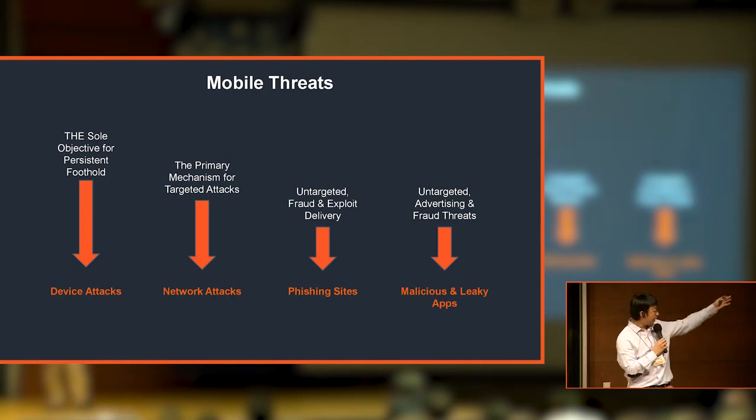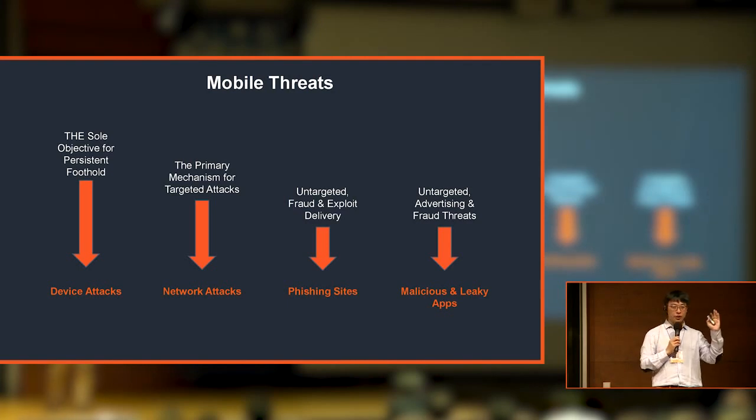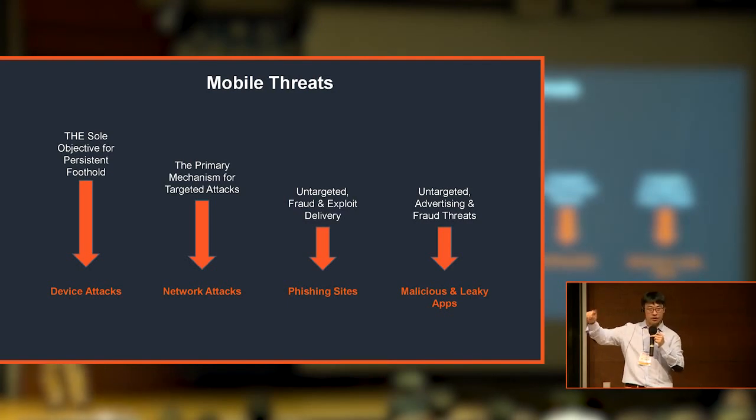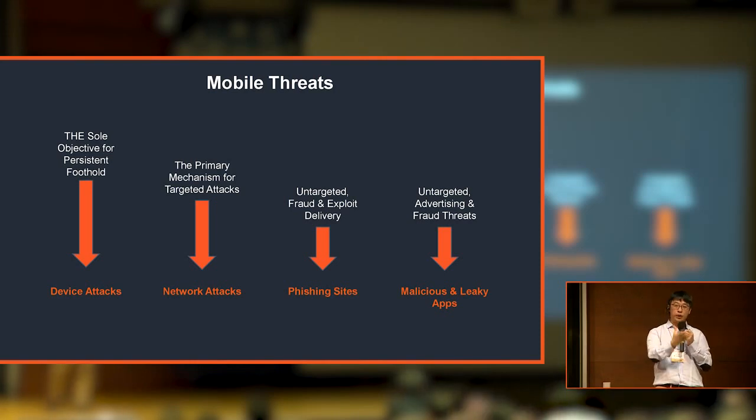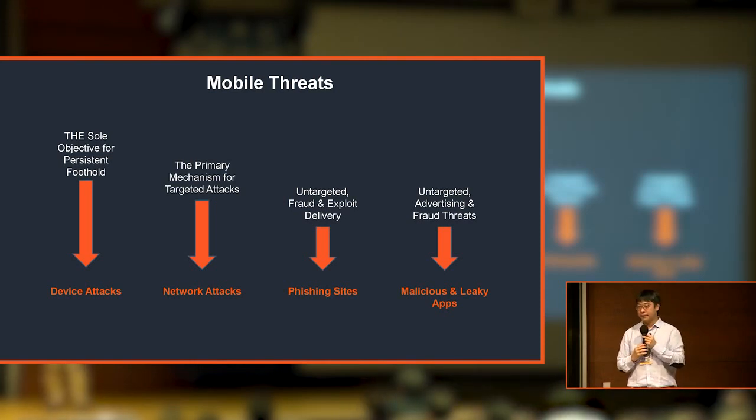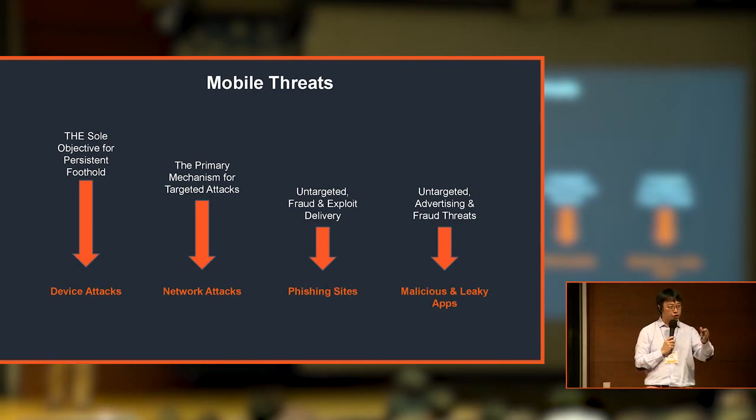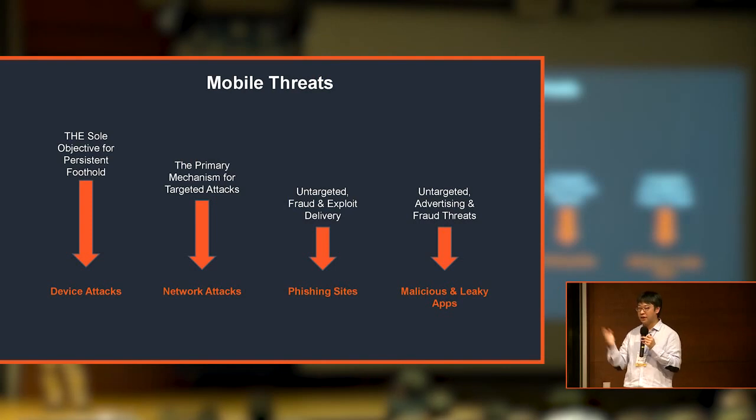Okay, and the device attack is basically all those CVEs you saw earlier, right? Every year the number is increasing. Of course, not all the CVEs are exploitable, but a good hacker can find ways to install malicious code onto your device using PDF files, JavaScript on a web page, MMS messages, everything that we saw earlier.